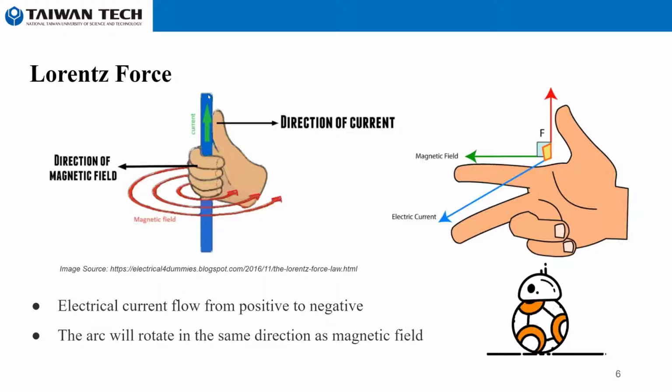If you put the positive at the top and the negative at the bottom, the only difference will be the direction of the arc that is produced, so the direction of the vortex that is produced. The arc will rotate in the same direction as the magnetic field. So if the electrical current flows from here up, then the arc will rotate counterclockwise, and if the current is from up here to downwards, then the direction will be clockwise.